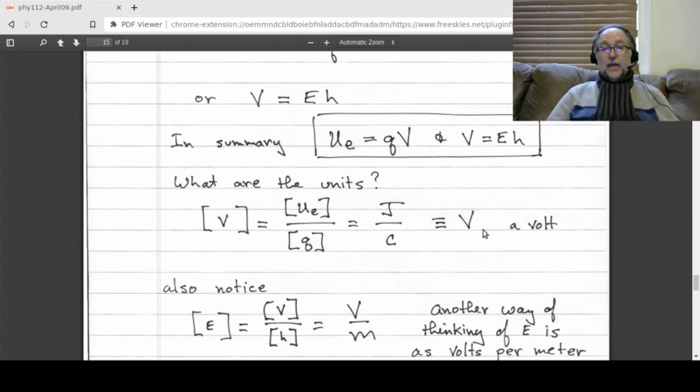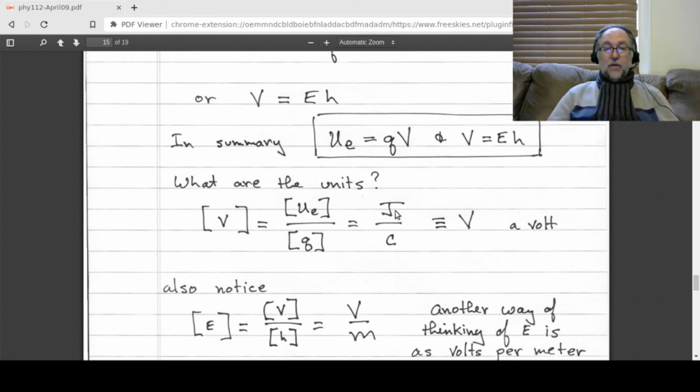So you know volts, like a 12-volt battery or a 1.5-volt battery, or electrical output is 120 volts. What that's telling you is that for every coulomb that flows out of that battery or that flows through that socket, it's being given so many joules.